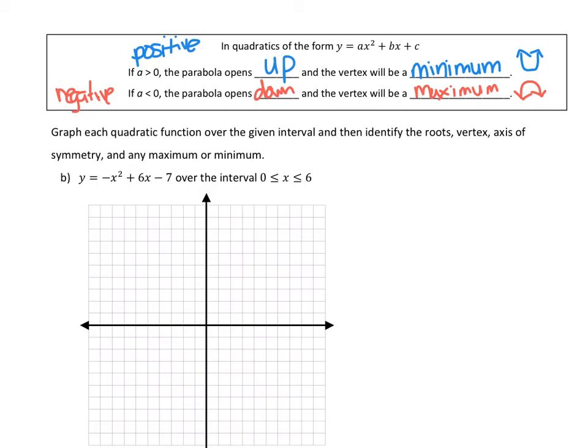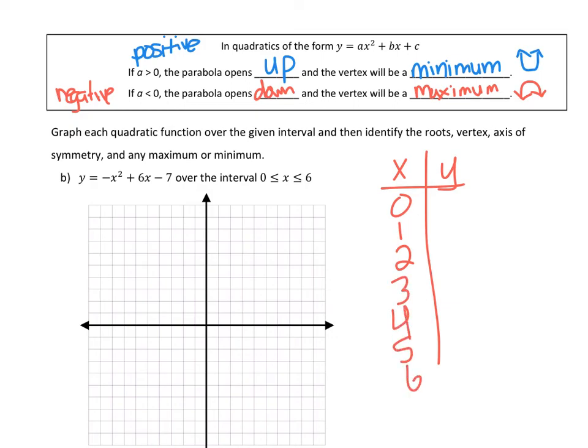This time we are looking at x values from 0 to positive 6. So 0, 1, 2, 3, 4, 5, and 6. Your values are negative 7, negative 2, 1, 2, 1, negative 2, negative 7.